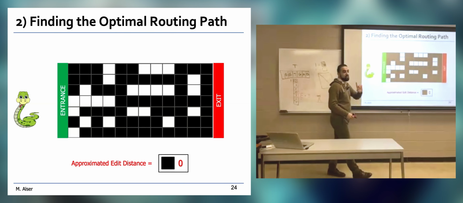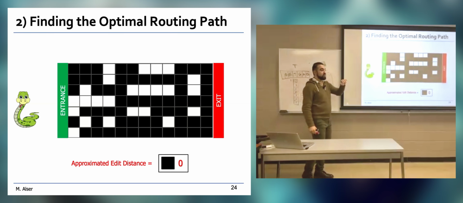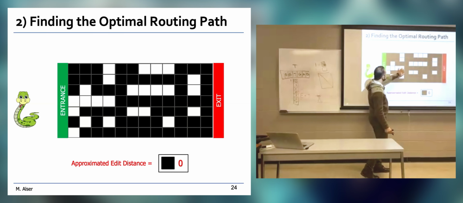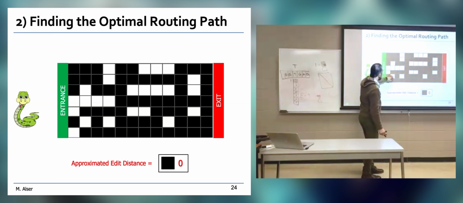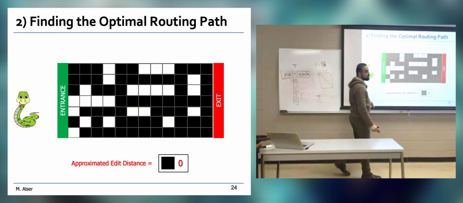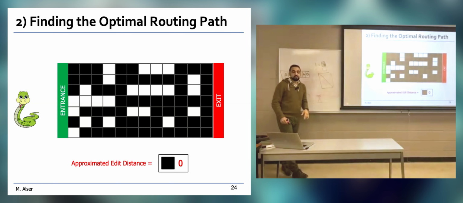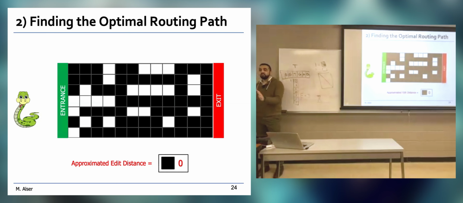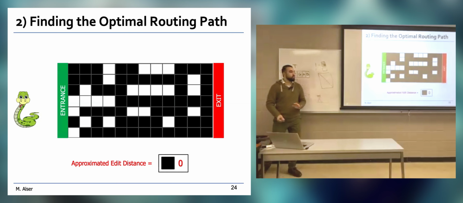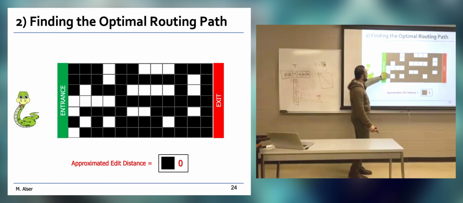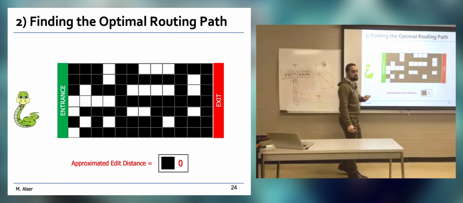We can only travel through the white boxes. For example, I see white boxes here. We can travel through them horizontally, of course. Whenever we face a black box, what do we do? We jump to another row. Why? Because this is a solid component inside the chip.